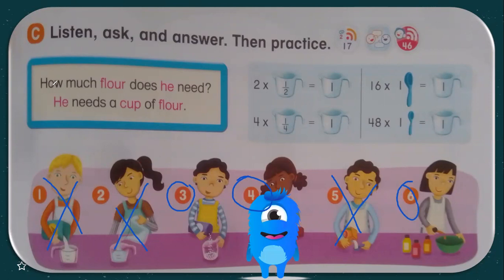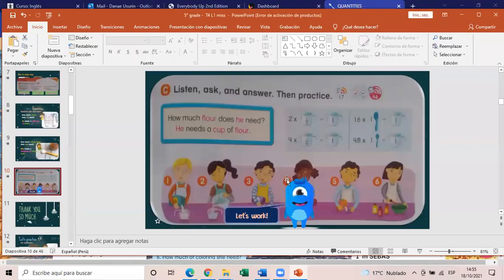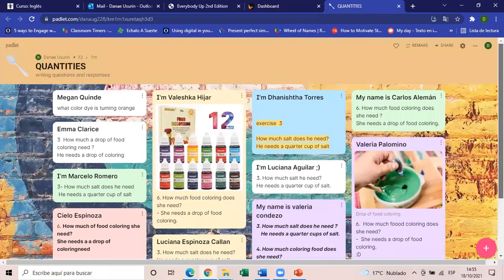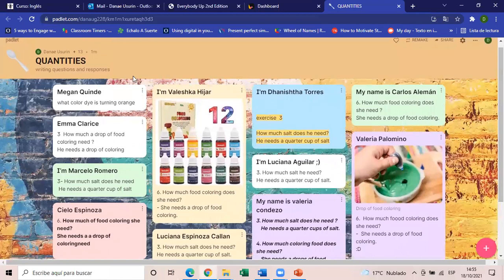Okay, now I am going to share with you to know who did the activity. Let's see. Here we go. Now, very good. Let's see who is here. Here is incorrect. We need to correct this. For example, here, Clarice, how much? Okay, it's incorrect. Drop of food coloring, no. Remember what I said?